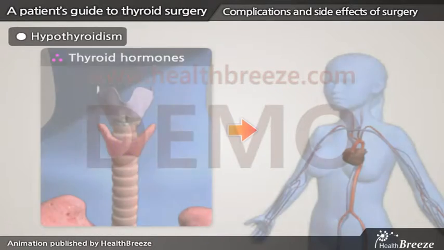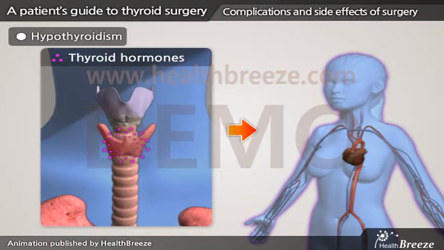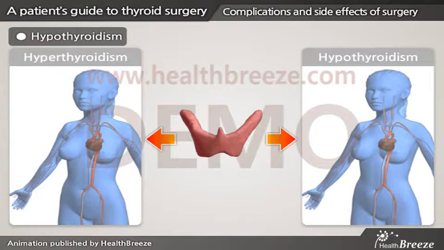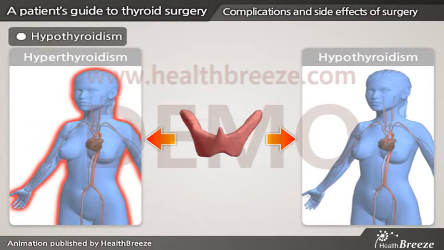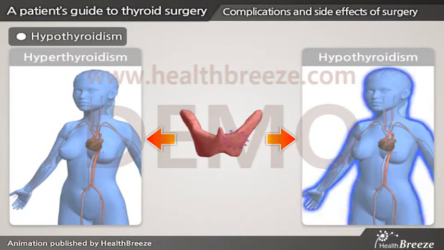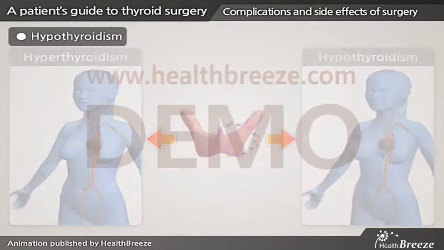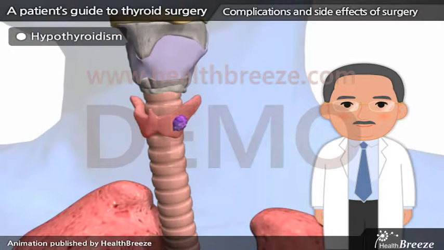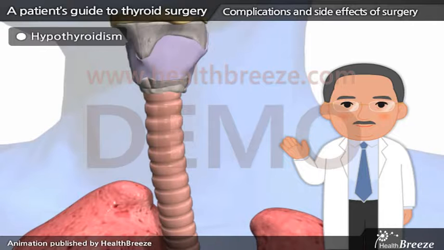Hypothyroidism. Thyroid hormones stimulate metabolism in your body. Thus, elevated thyroid hormone level causes symptoms of hyperthyroidism, while diminished level causes symptoms of hypothyroidism. Once the entire thyroid gland is removed, no thyroid hormones are produced in your body.